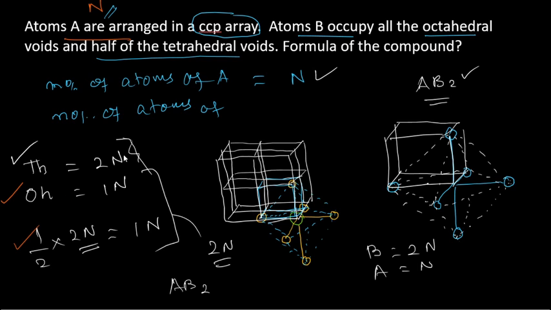Tetrahedral voids means 2n. So half of the 2n means 2n into 1 by 2. So that is 1n. So 1n plus 1n, that is 2. So A is 1, B is 2. So the molecular formula is AB2.